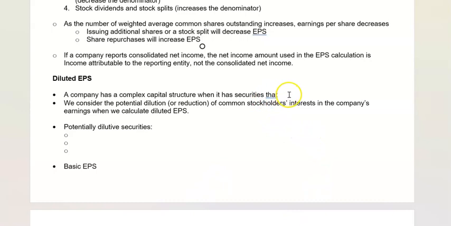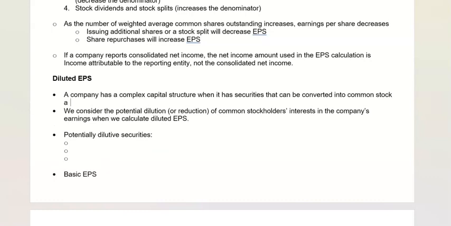A company has a complex capital structure when it has securities that can be converted into common stock and would therefore increase that denominator in our earnings per share calculation, which would therefore dilute, or in simpler terms, reduce the earnings per share of common stock.